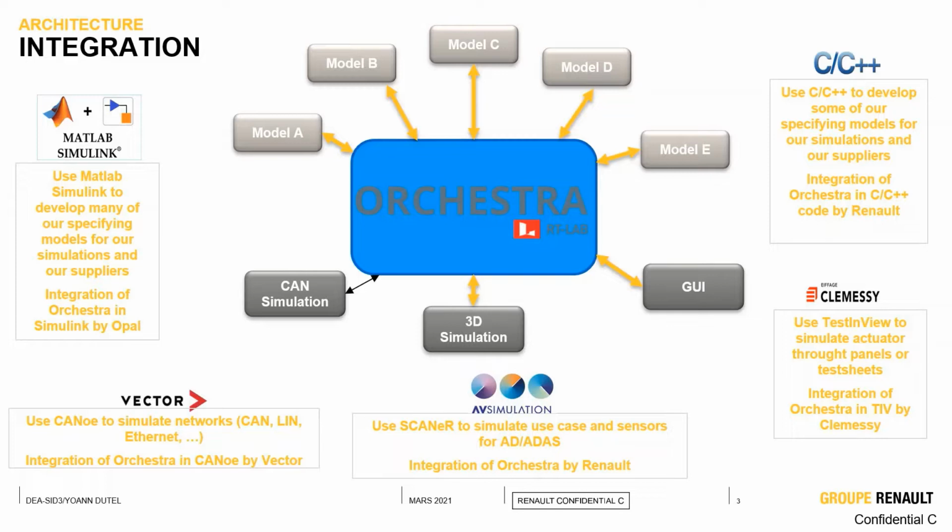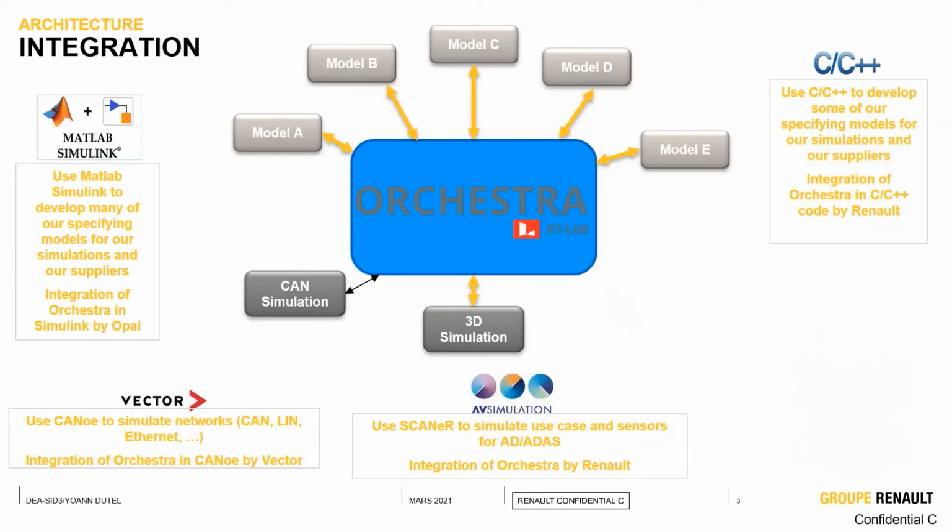We also connect 3D simulation to simulate the sensors and the 3D environment around the car. We also connect guide tools to control actuators like pedal, steering wheel, or something else, or test sheets. But we don't use these tools on this project that I will show you today.